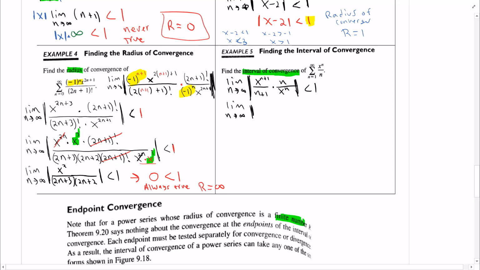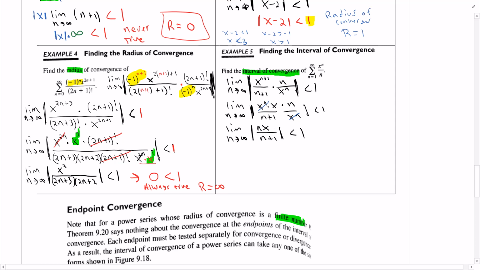Do some of our normal tricks. These x to the n's are going to cancel, and we're going to be left with the limit as n goes to infinity of the absolute value of nx over n plus 1.